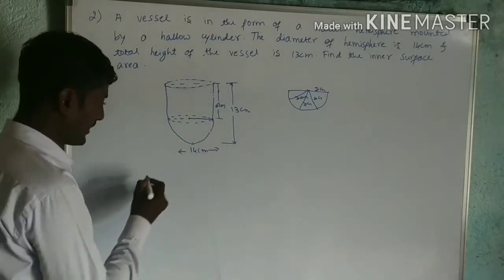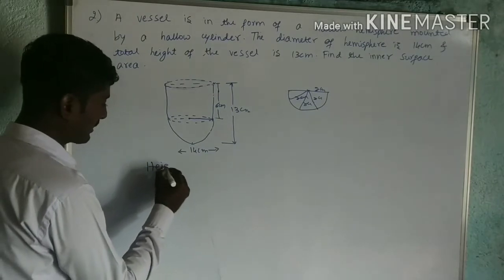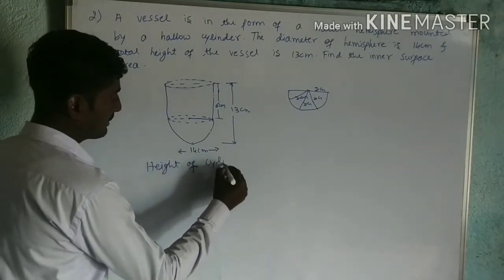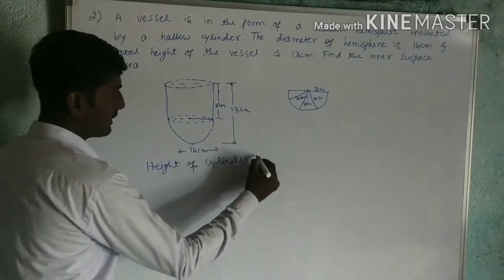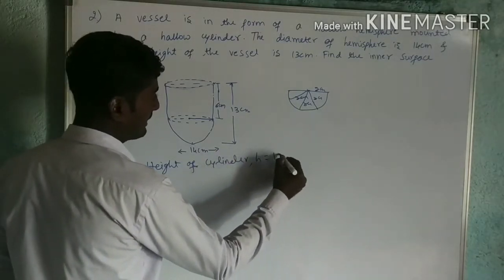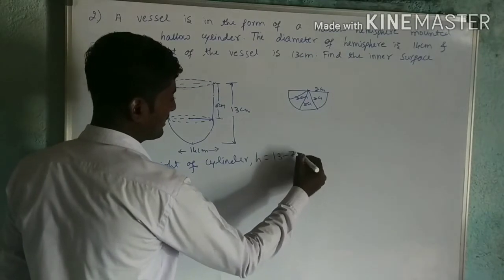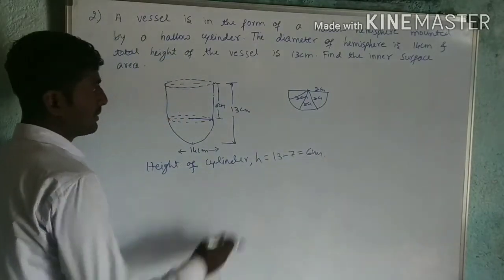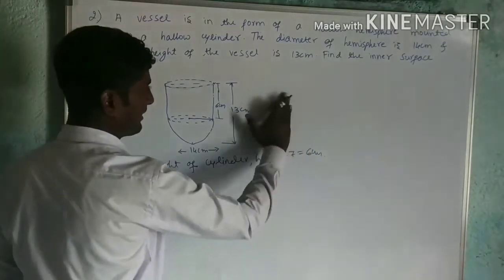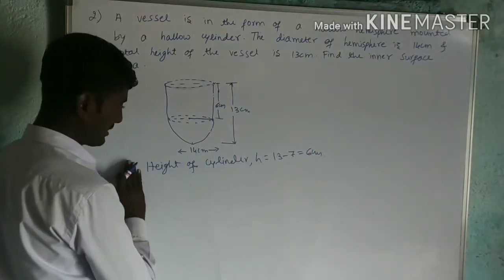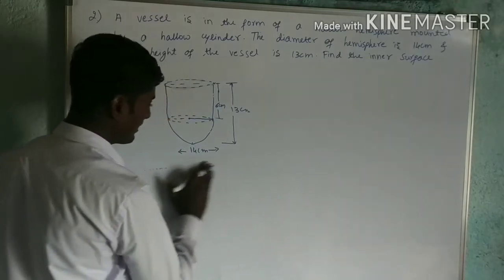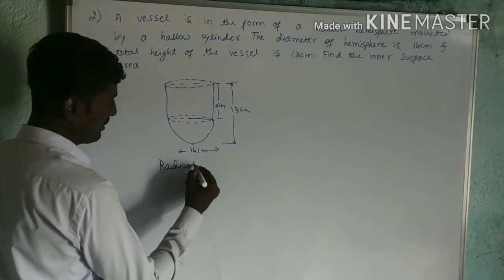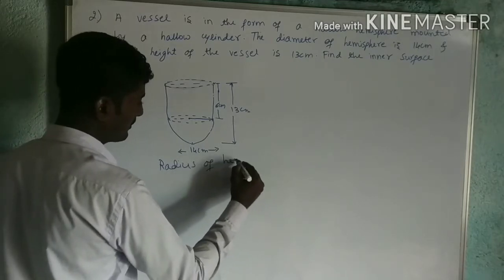Now let us write it first. Height of cylinder, I have taken it as h, is equal to 13 minus 7, is equal to 6 centimeter. Before this I can write the radius. First I will write the radius of the hemisphere.